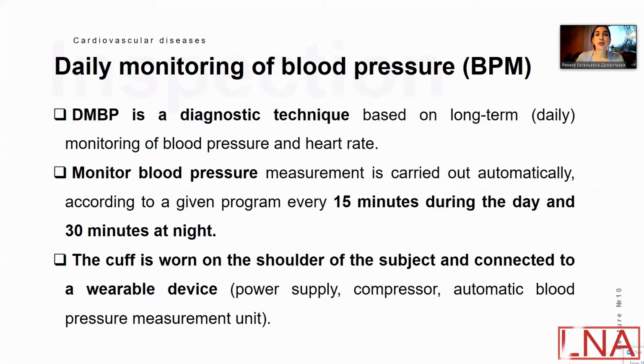Blood pressure measurement is carried out automatically according to a given program every 15 minutes during the daytime and every 30 minutes during the night time. It's not a very comfortable procedure for the patient, but we have to do it.